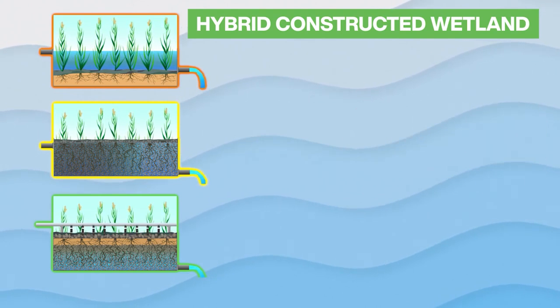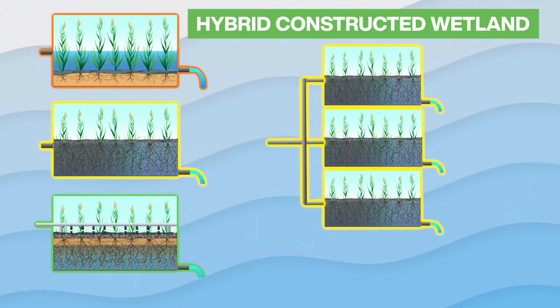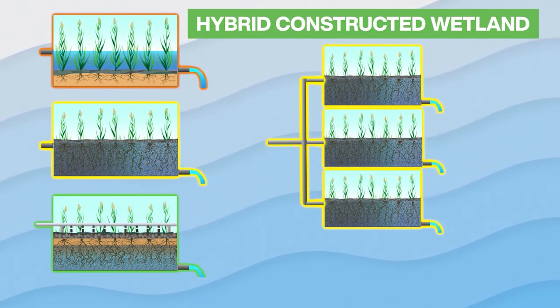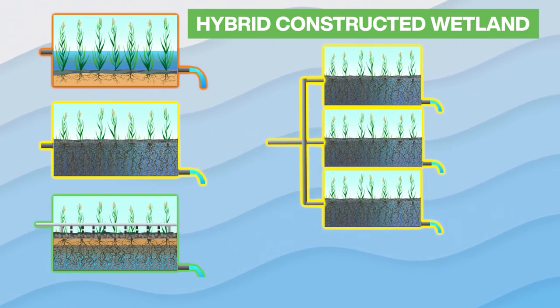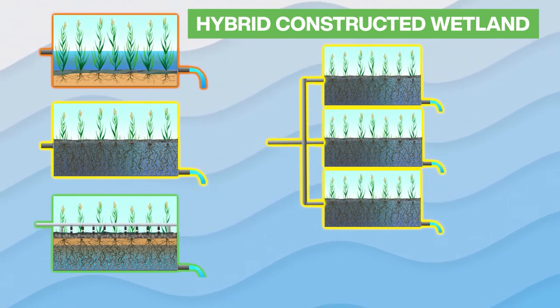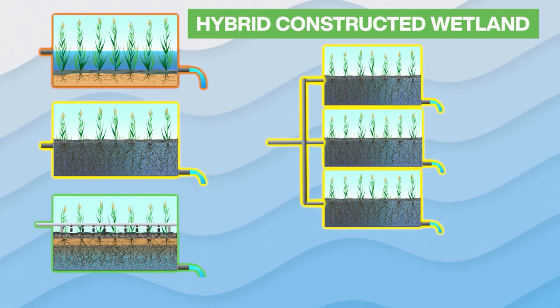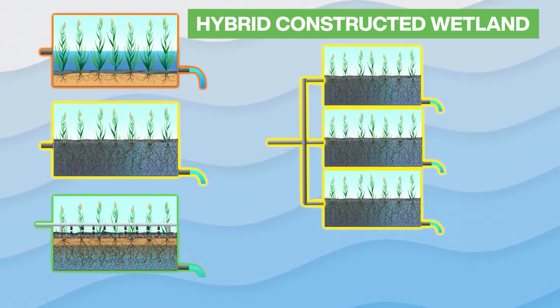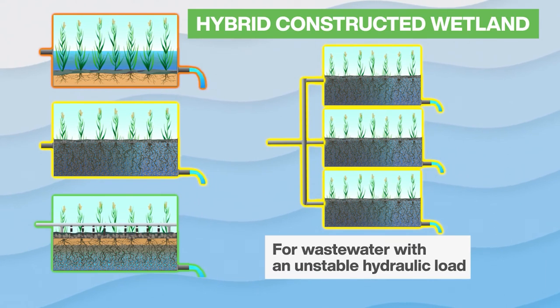Or, which is interesting, 3 constructed wetlands of the second type, horizontal subsurface flow, connected in parallel using pipes, regulate the overall water system in such a way that during the period of excessive hydraulic load, the treated water will not overflow the borders of a wetland cell.